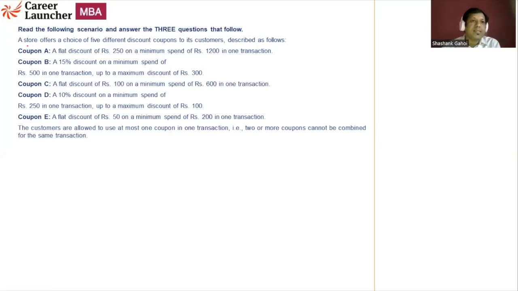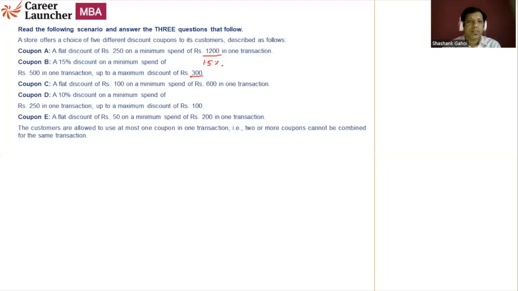What does it say? A store offers a choice of 5 different discount coupons to its customers. Coupon A, flat 250 on minimum expenditure of 1200. Next, a 15% discount on minimum spend of 500 in one transaction and maximum discount up to 300. So here we have 15%.